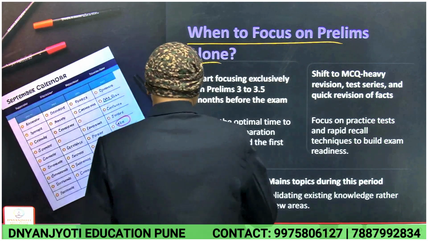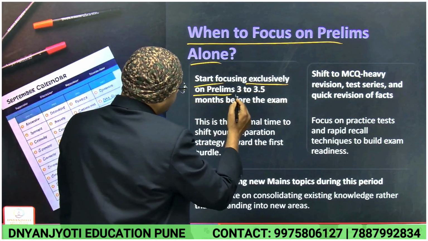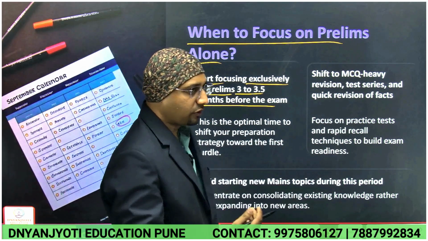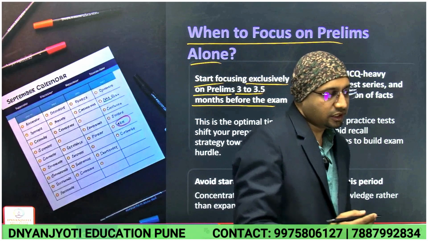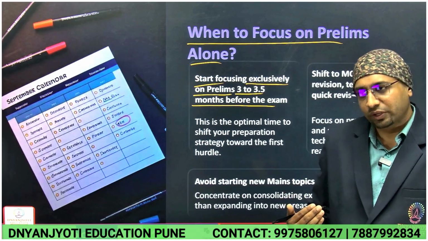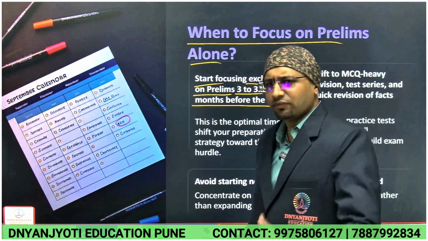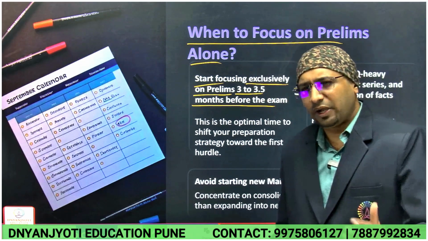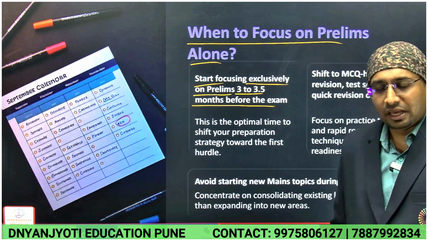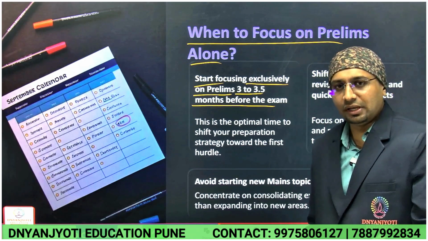So start focusing exclusively on prelims 3 to 3.5 months before. A few people, if they feel that 3 to 3.5 months is well before the examination, can start 2 months before as well. It will depend on your overall analysis of the examination, your overall study, and how much your understanding has reached a particular level.